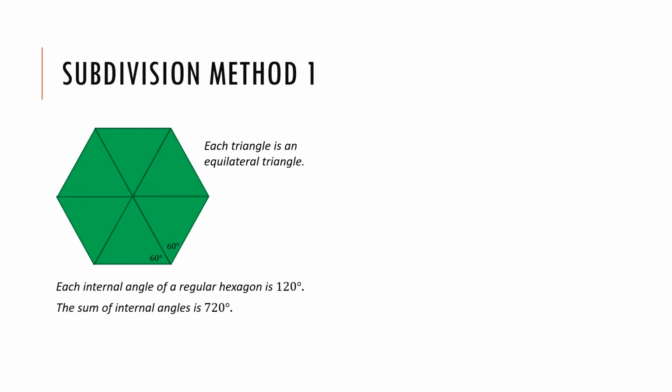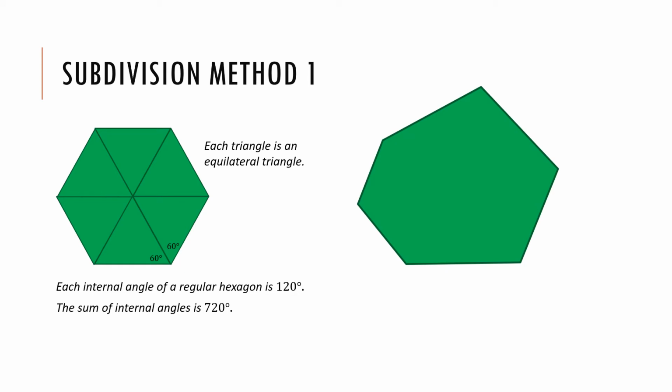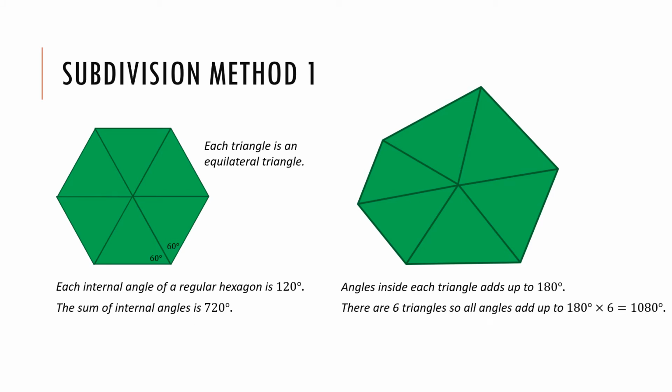You can see that I'm drawing 3 diagonal lines going through this center point. If I have any kind of polygon, for example a hexagon, I can just pick a point in the center, connect a line to every vertex, and divide it into 6 triangles. I know the angles inside each triangle add up to 180 degrees, which is what we figured out.